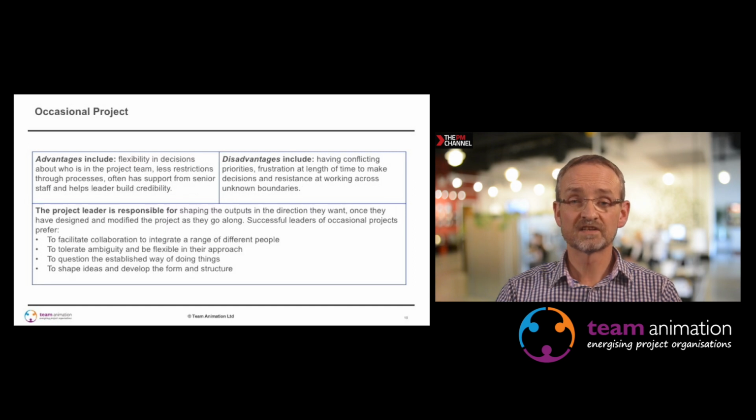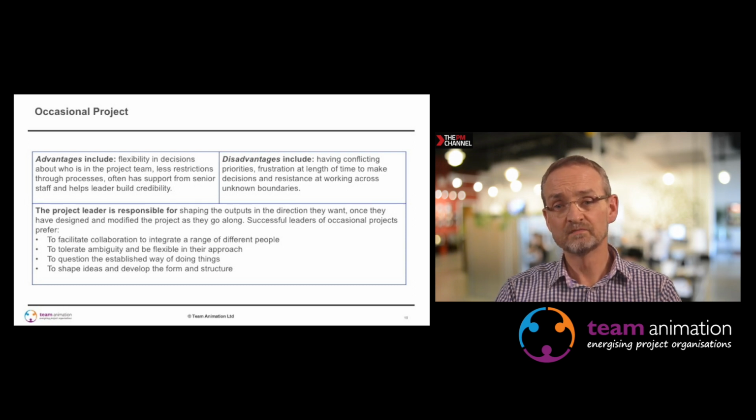The next type of project is occasional projects. So the advantages are there's flexibility in decision making with these kinds of projects, less restrictions typically, because it's at an organisational level often. You often have support from senior staff and leaders. The disadvantages, you may have conflicting priorities, frustration at the length of time to make decisions because of the fact it's slightly less defined.